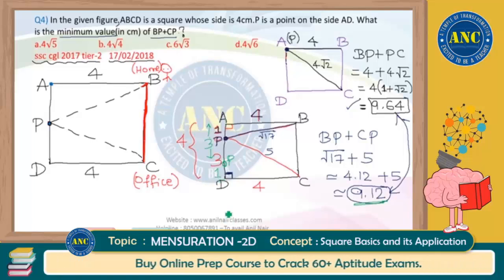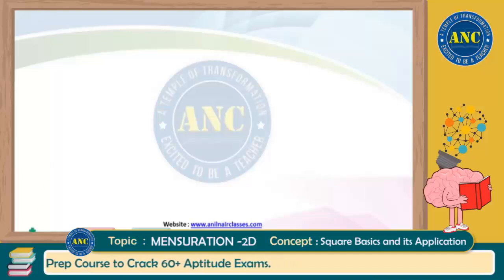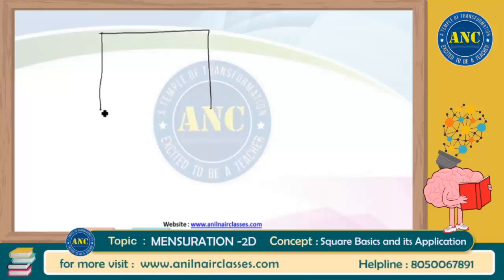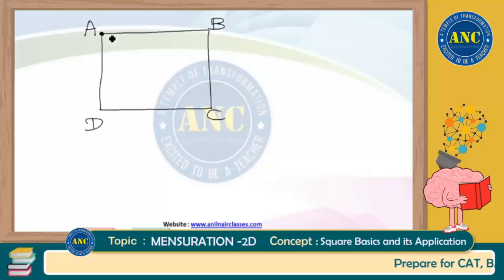So what you can conclude from these is, let me draw the diagram once again for you. This is nothing but ABCD. In simple language, when this particular point was at point A, the value was 9.64, but they are asking minimum.